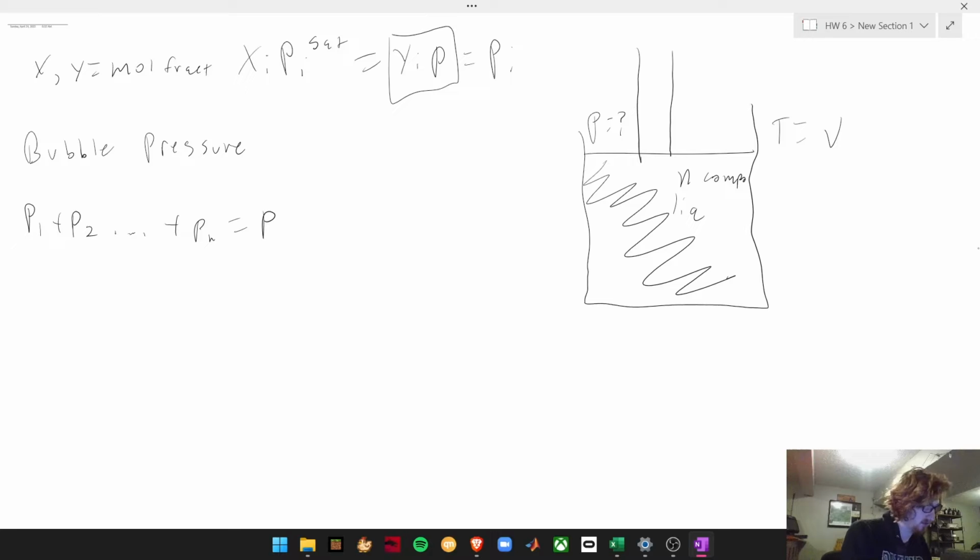Well, we know from Raoult's law that can also be expressed as the vapor phase component of 1 times the total pressure plus the vapor phase component of 2 times the total pressure, all the way through component n, is going to be equal to the total pressure.